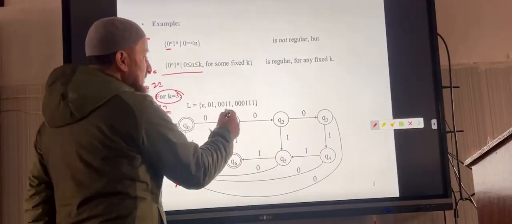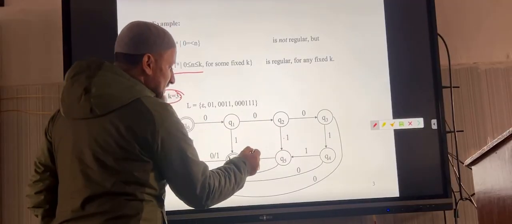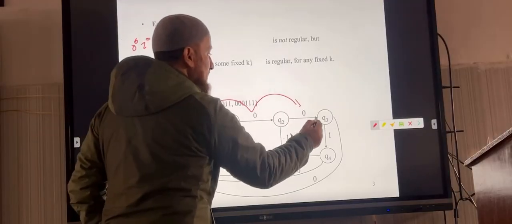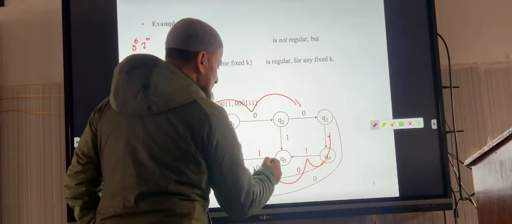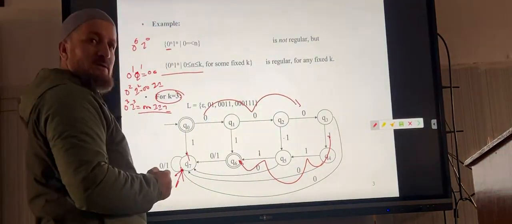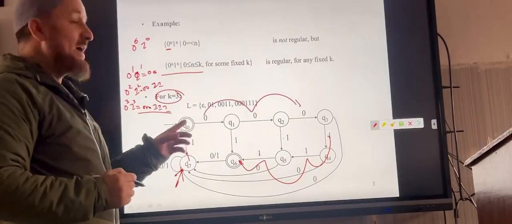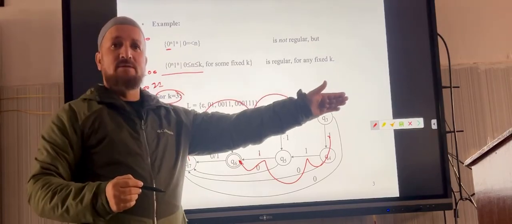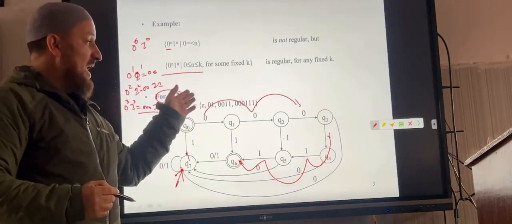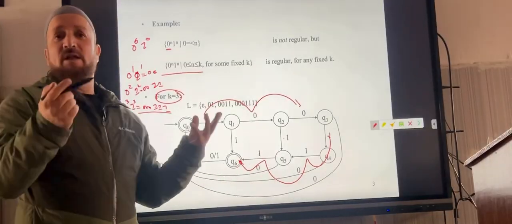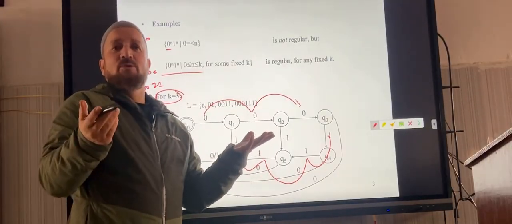And now if double 0 comes, then double 1 comes, accept it. If 3 0s come, and after that 3 1s come, accept it, right? So we can design it this way. But the thing is, if we have n times, we need a lot of states, and it could be anything, 10,000, 20,000.